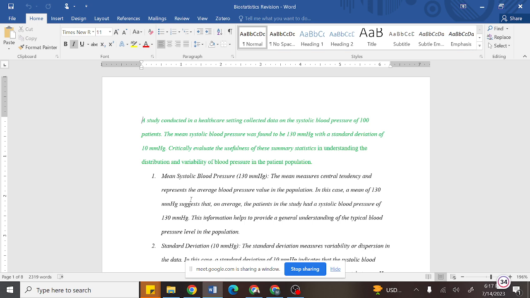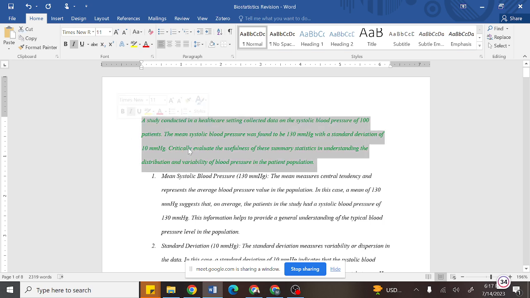Critically evaluate the usefulness of these summary statistics in understanding the distribution and the variability of blood pressure in the patient population. Okay, so that was the question.